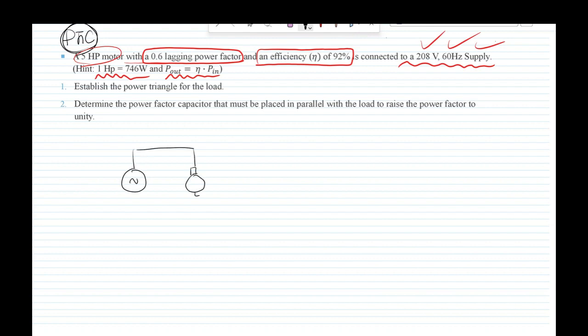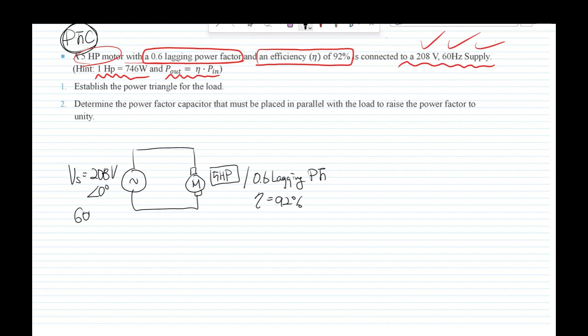That is the motor, 5 horsepower with a 0.6 lagging power factor, and the efficiency is 92%. The supply is 280 volt RMS, 0 degree, 60 hertz.